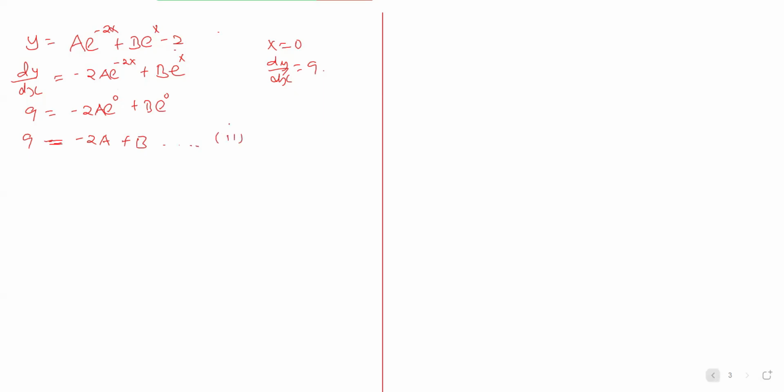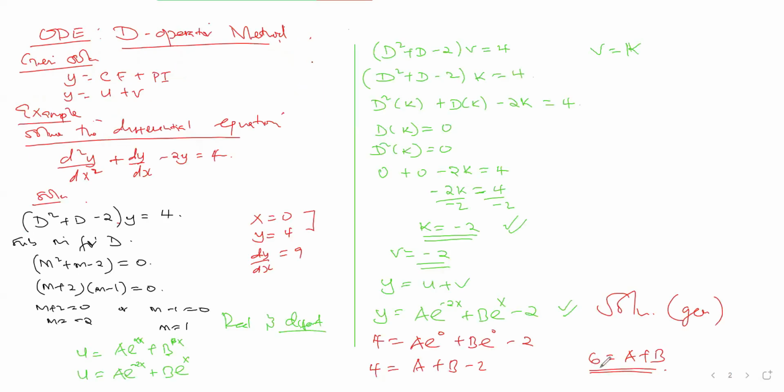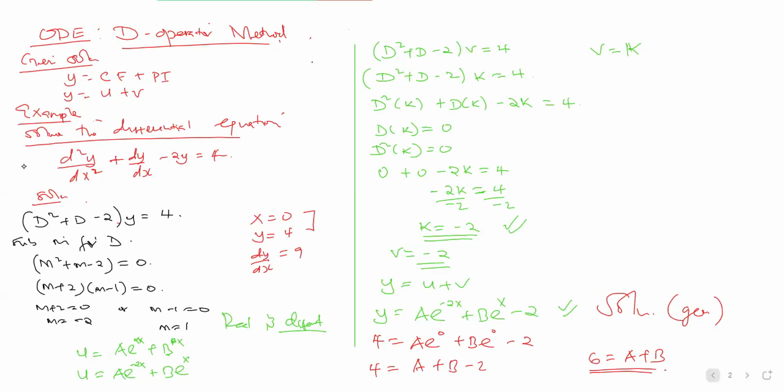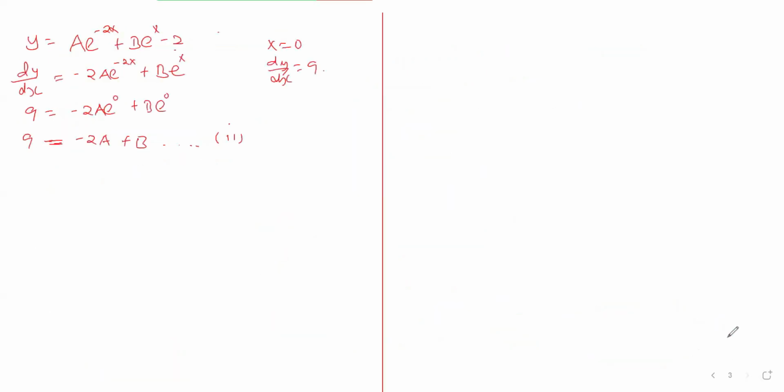So remember we had gotten equation 1, 6 equals a plus b. So now you solve the two of them. 6 equals a plus b, and 9 equals negative 2a plus b.